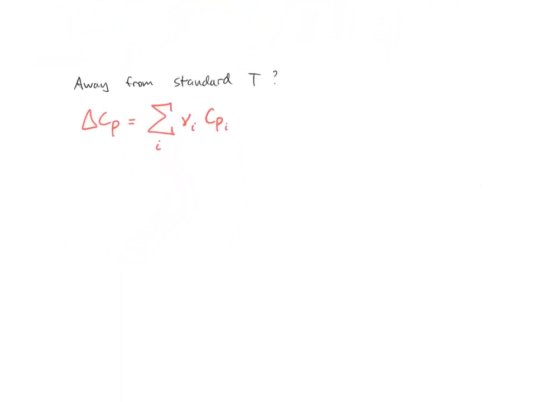And then once you know that, your delta S standard for the reaction at some other temperature T is going to be equal to the delta S standard of reaction at the actual standard temperature plus an integration from the standard temperature, which is, remember, 398.15 Kelvin, up to the temperature that you want, delta Cp divided by T prime dT prime.